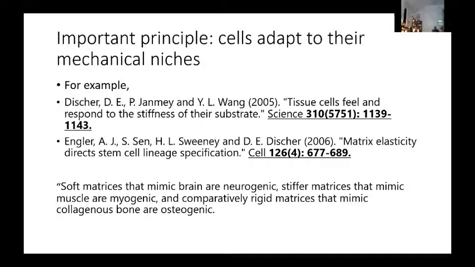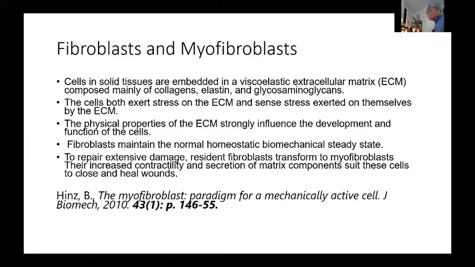So that shows you then that the biomechanical properties of the extracellular matrix have an important determining effect on what stem cells embedded in the matrix become, whether nerve, bone, or muscle, or any other kinds of cells. So that means that it's important that fibroblasts and myofibroblasts are able to maintain the matrix in an appropriate biomechanical state.